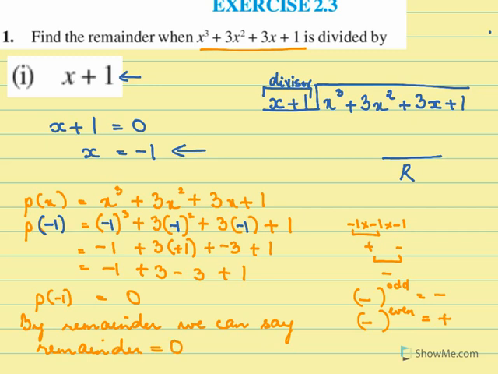So without doing the long division, we have found the remainder by the remainder theorem. So I could cancel this r, and I know the remainder here would be 0. If you do the long division, you will see that the remainder is 0.